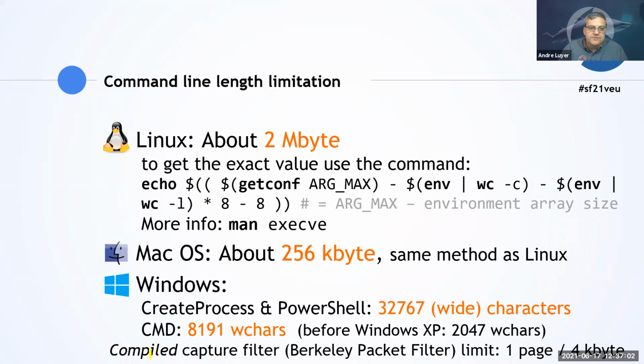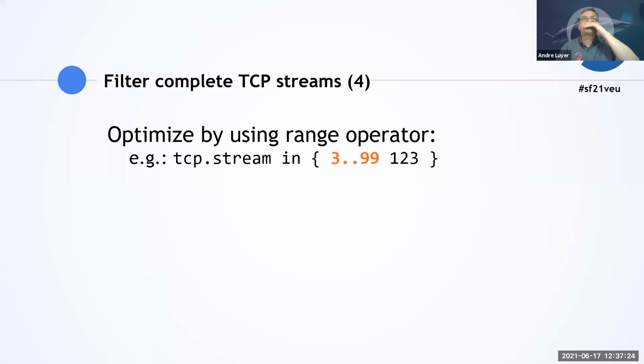Also, a compiled capture filter has a limit, which is 1 memory page of 4 kilobytes. So if you're using dumpcap or tcpdump for any capture filtering, there's also a limit over there. But you can optimize it by using the range operator, and it's this double dot.